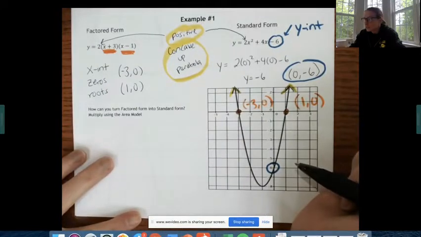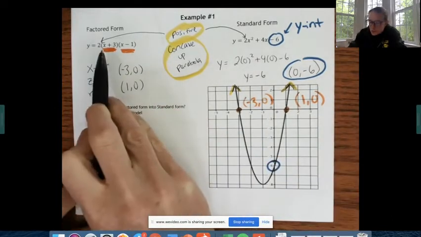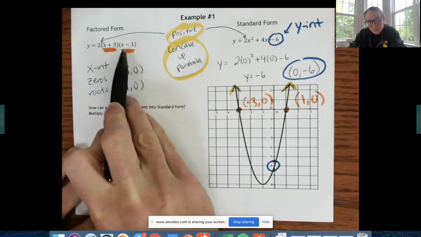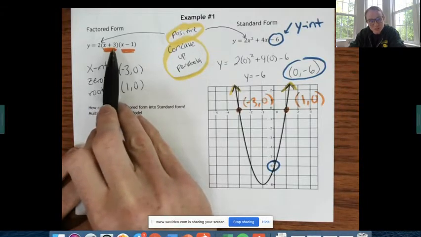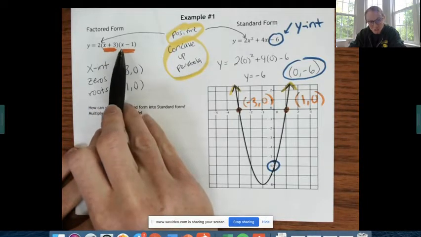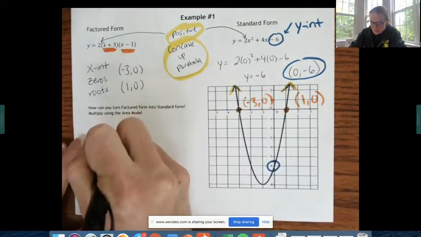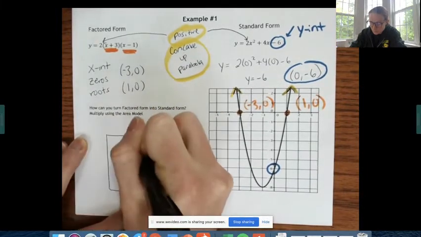It's kind of like distribution when we learned distribution earlier this year. This factor has 2 terms, 1, 2, and this factor has 2 terms, 1, 2. So we're going to make a box that looks like this, 2 by 2.